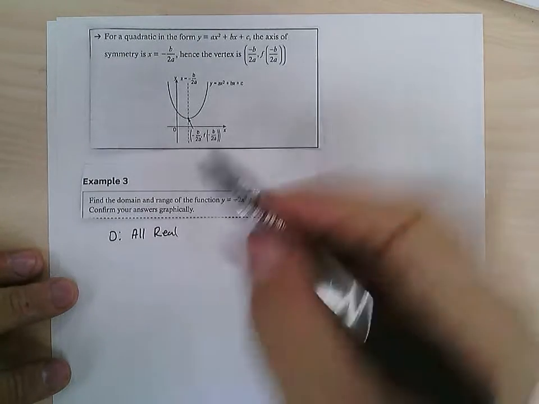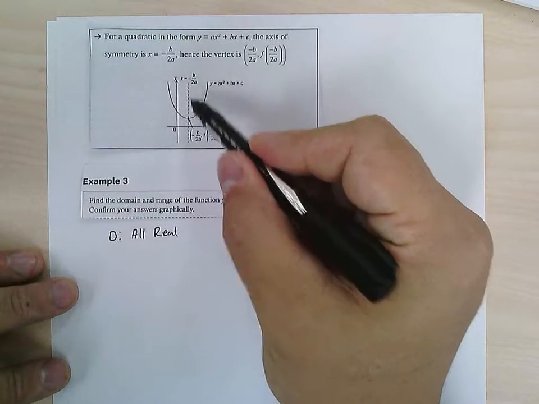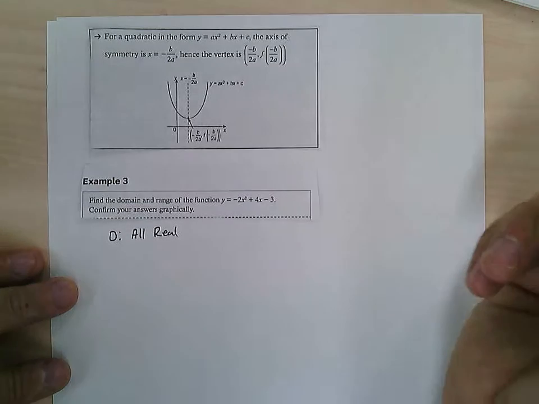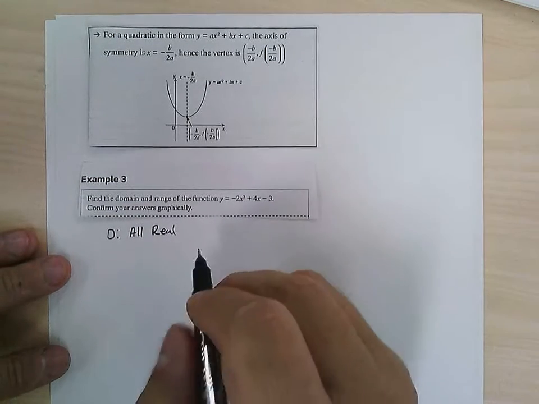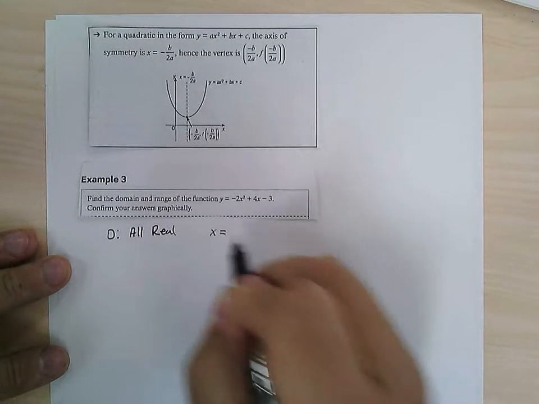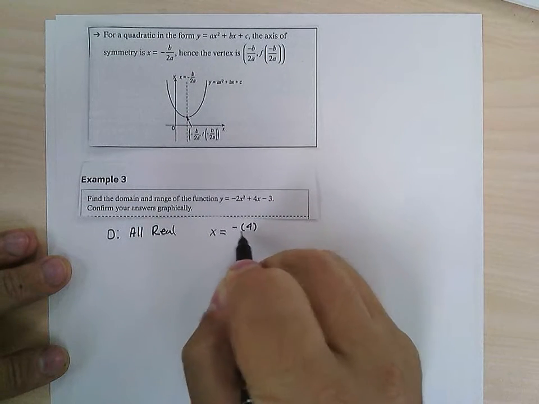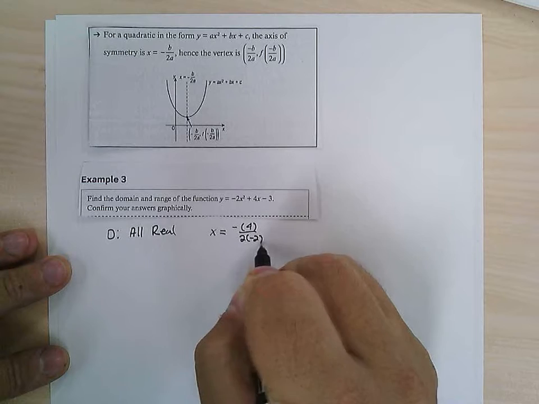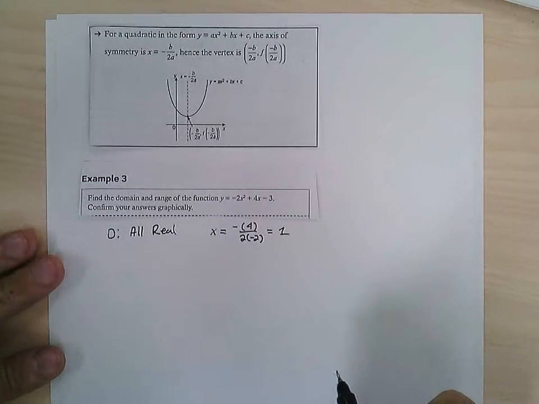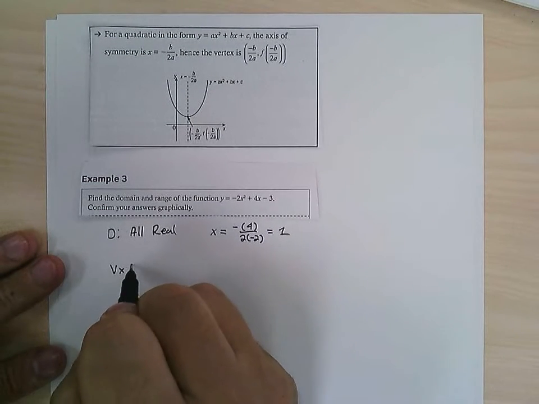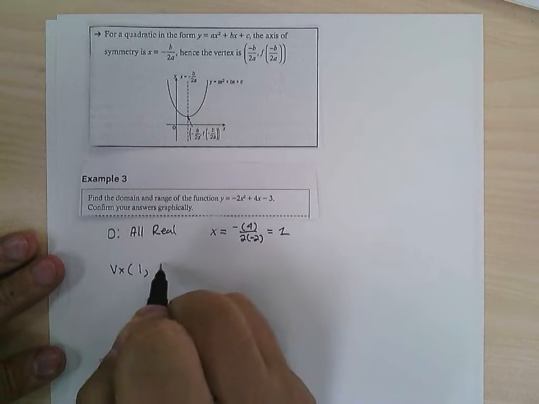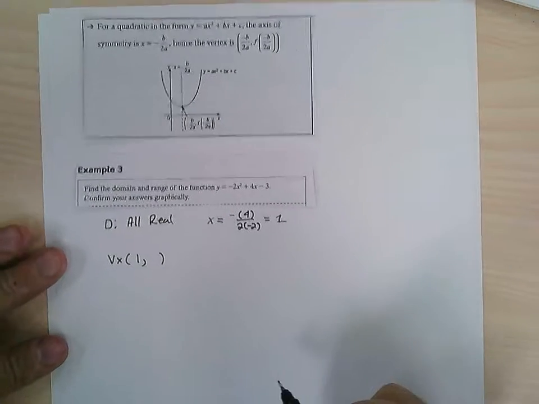But for range, I'm going to try to find the vertex point, and then I'll know what my range could be. I'll find that line of symmetry first using negative b over 2 times my a value, and that's going to come out to 1. So now I know that my vertex point has an x coordinate of 1. I just need my y coordinate, right?